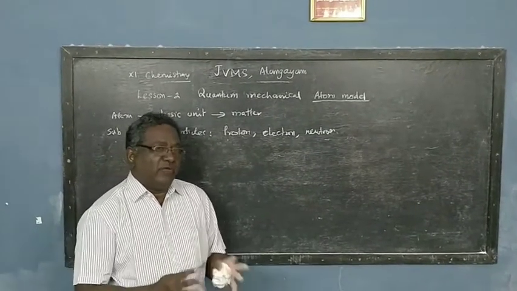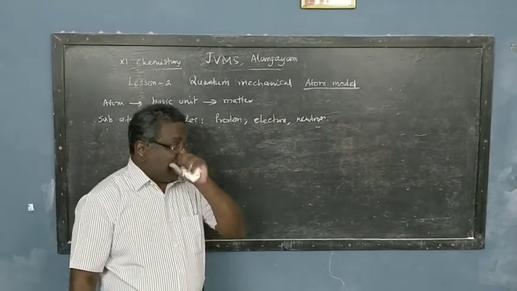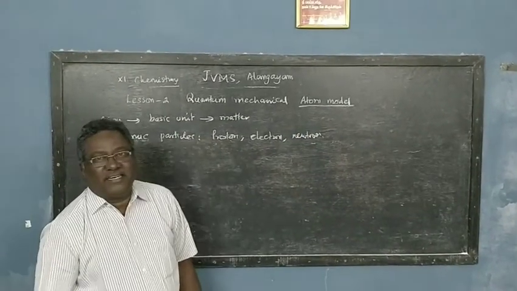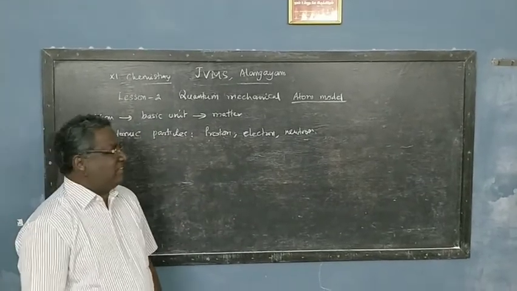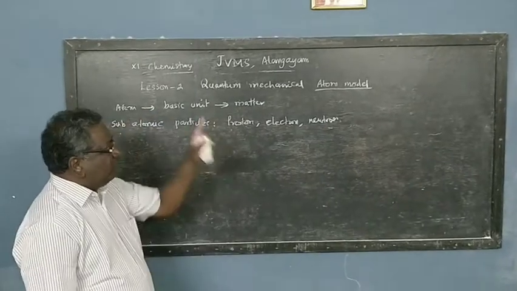All these things are how arranged is the model of a school, right? Like that. Instead of model, the better word is structure, right? So it should be called as atomic structure instead. What is the structure? How these 3 particles are placed in an atom, we are going to learn.